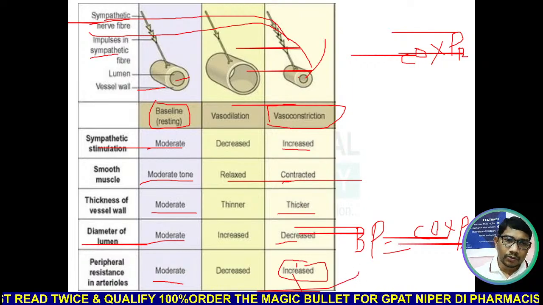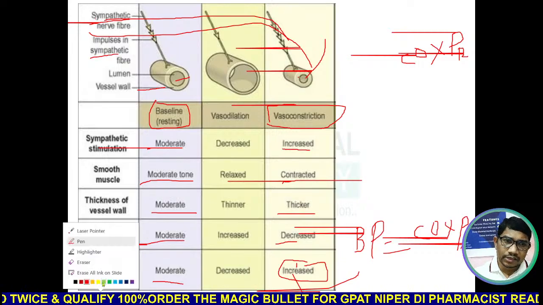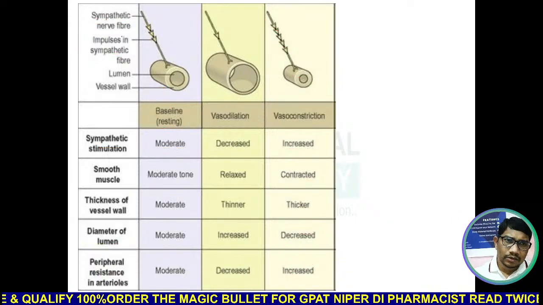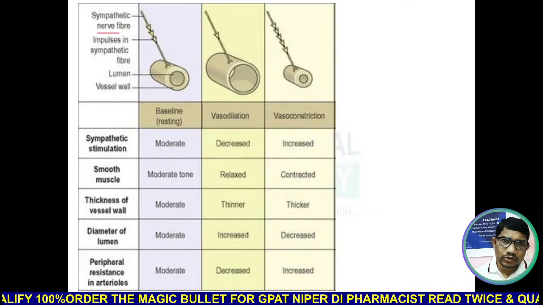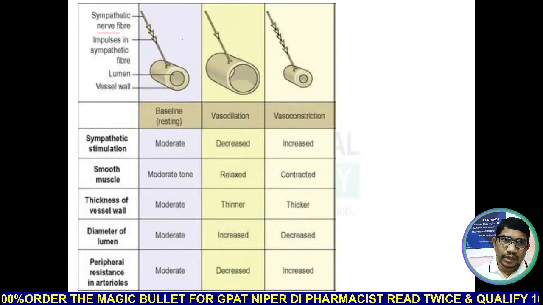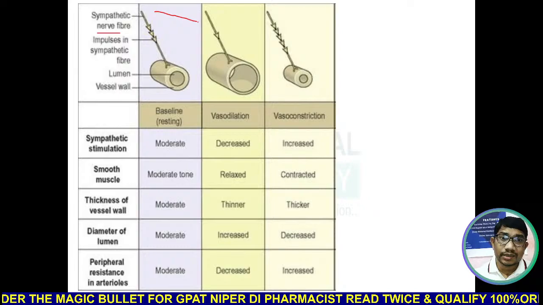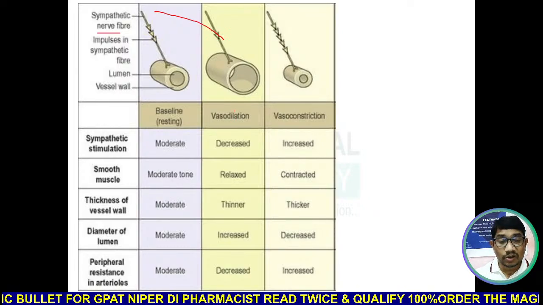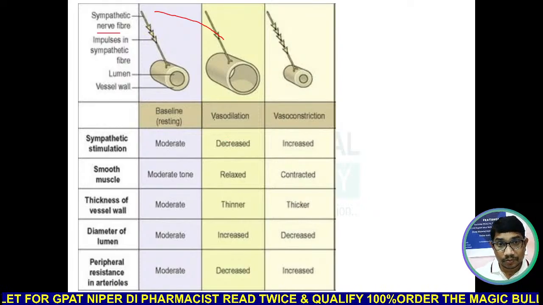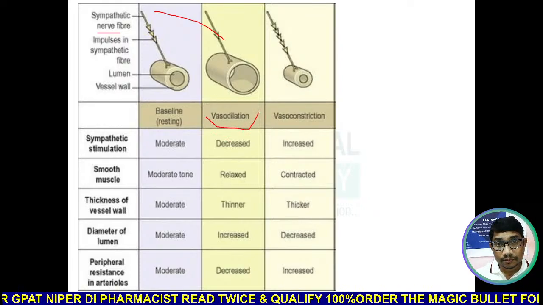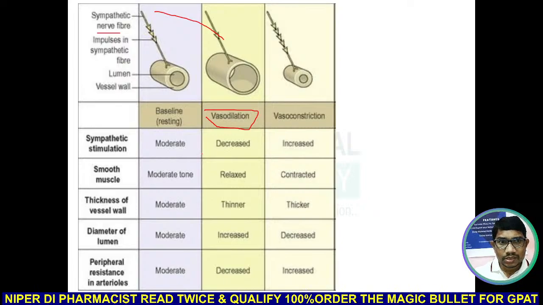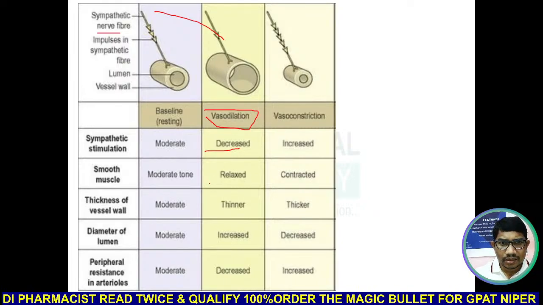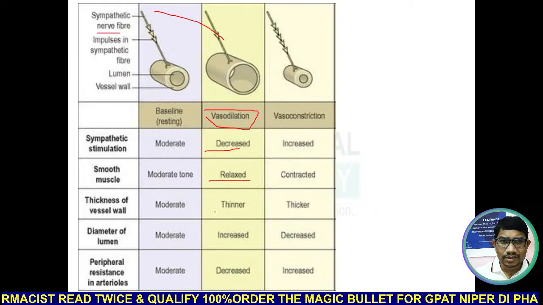Right. Now, in case of vasodilation, so decrease in the sympathetic outflow will decrease the smooth muscle contraction, that leads to vasodilation. यहाँ पे vasodilation, sympathetic stimulation यहाँ पे decreased, and the smooth muscles are relaxed.